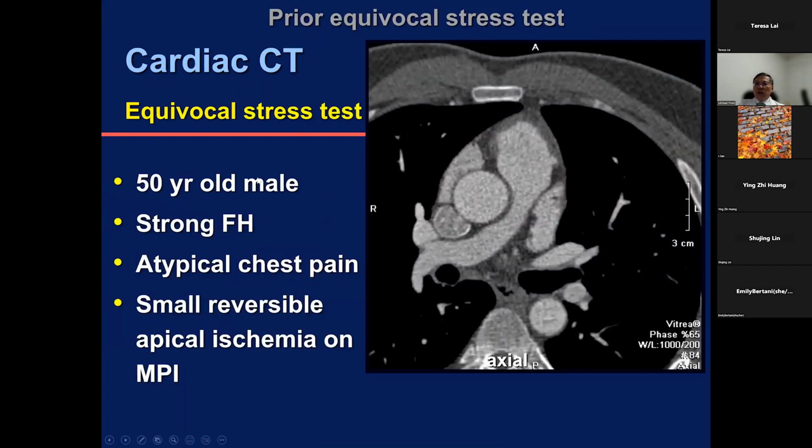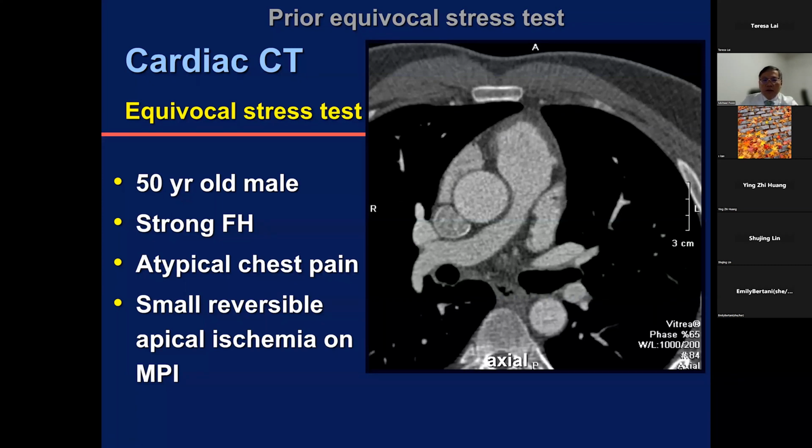So a patient with an equivocal stress test, as I said before, someone who finished a stress test, by no means can you be sure that the patient's not going to have a heart attack. And this is a case. A patient had a stress test that read as equivocal because the patient was not able to get the heart rate up to the level, but it's close enough.